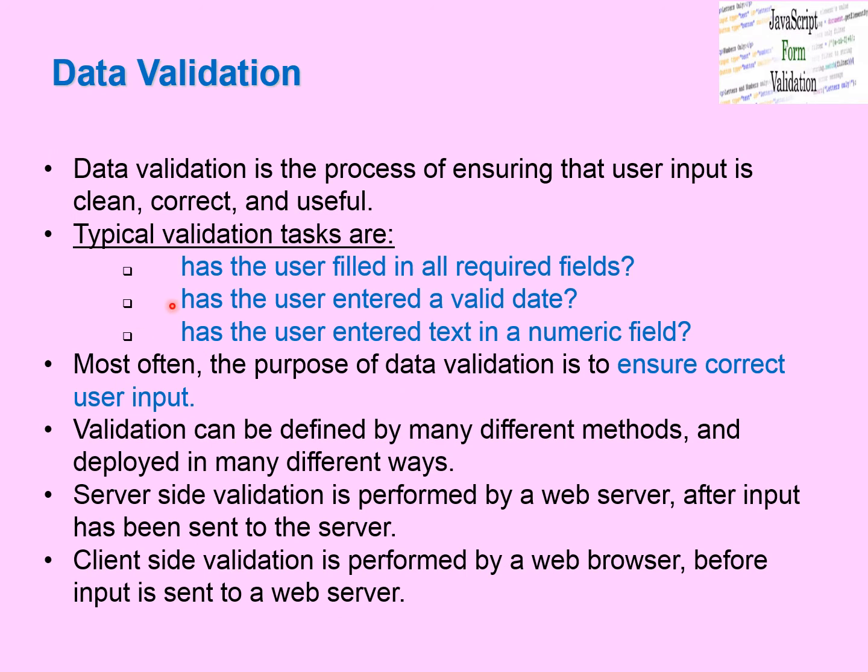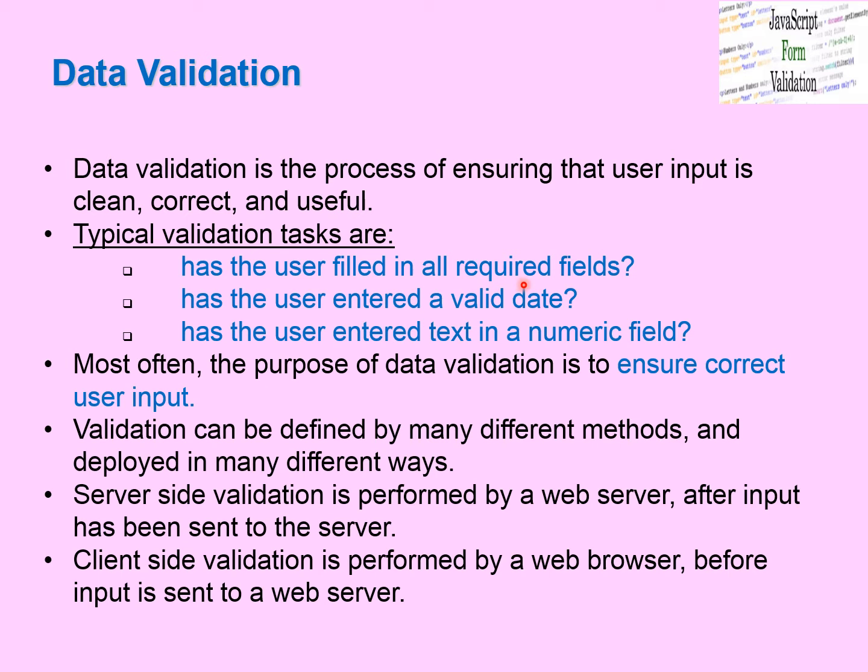Now we see the data validation concept. Data validation is a process of ensuring that user input is clean, correct, and useful. So validation is a process of checking whether the user input is correct, whether it has a good format, and whether it is useful data. Typical validation tasks are: has the user filled in all required fields?